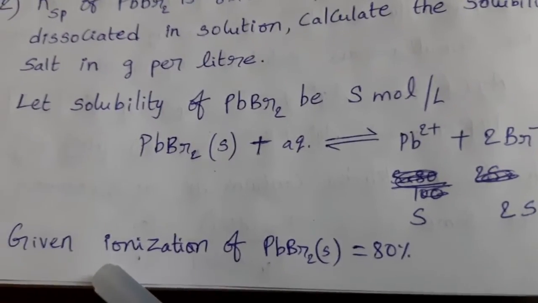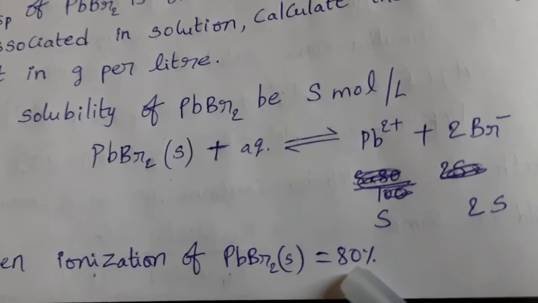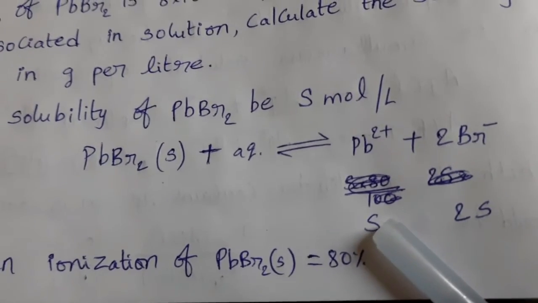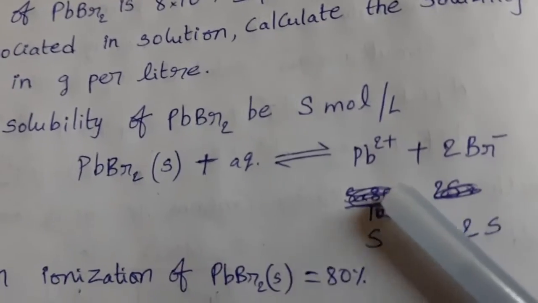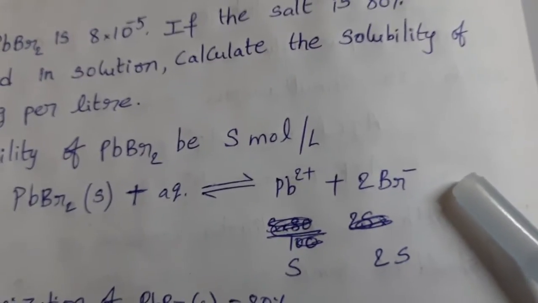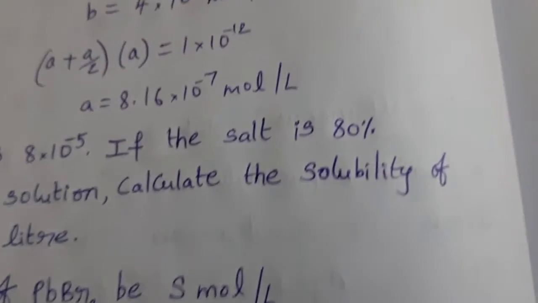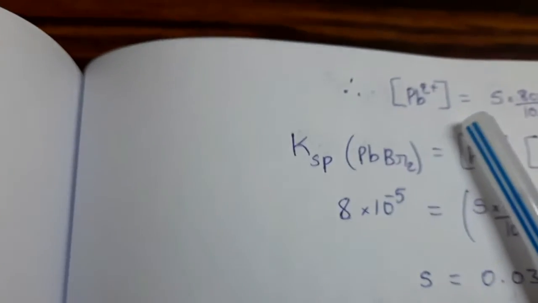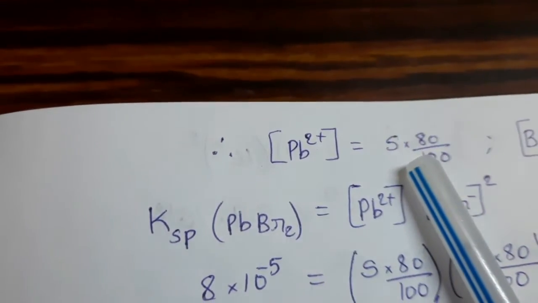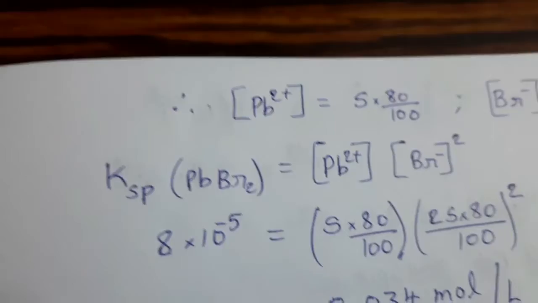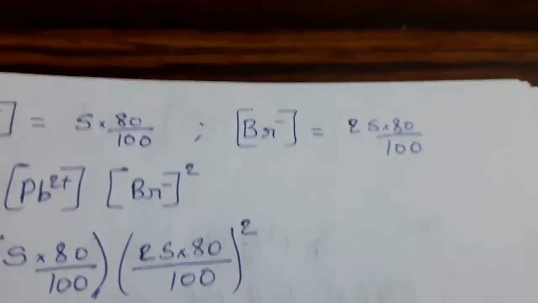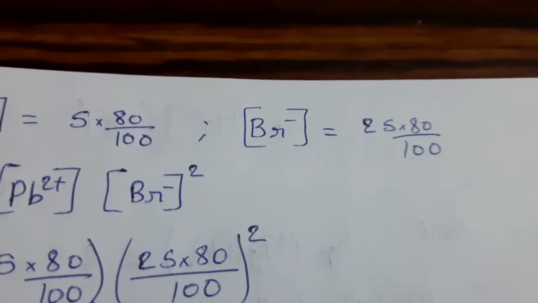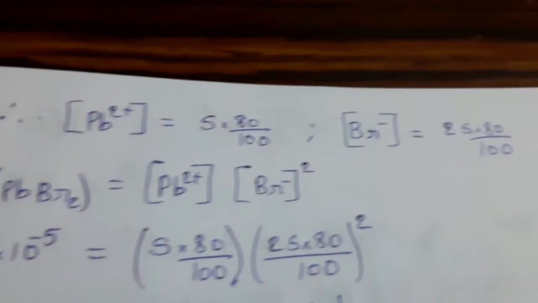Now given, ionization of PbBr2 is 80%. In this, only 80% is dissociated in the given compound. So the concentrations of the formed ions are, see this, Pb2+ equals S into 80 divided by 100, and Br minus ion concentration is 2S into 80 divided by 100, because only 80% is dissociated.